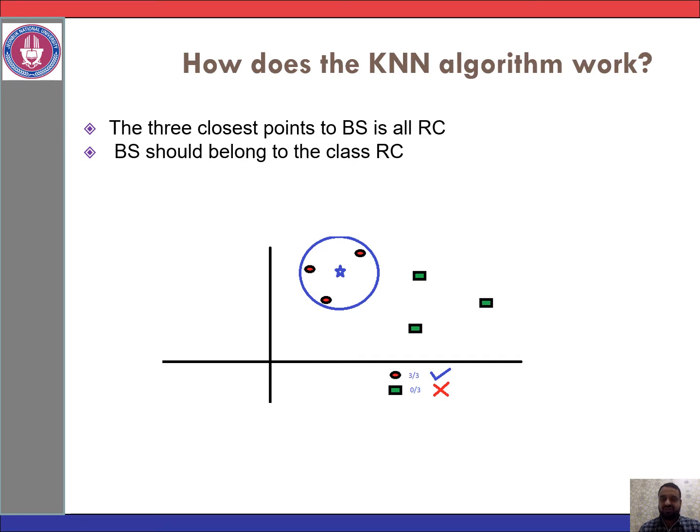So here we can see that 3 out of 3 are picked as circles and 0 out of 3 are picked as squares. So we will decide its class based on the maximum number of the voters. So all three voters are from the red circles. So the class of this star is the red circles.